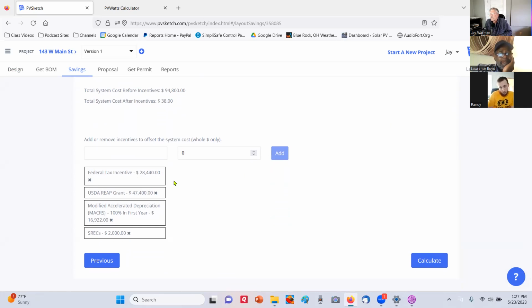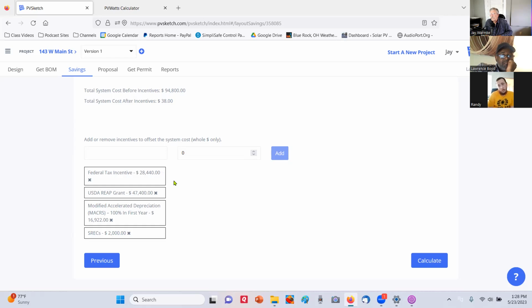So even though the system costs $94,800, they will get back in tax savings $28,440. Then they're applying for a REAP grant. Well, the REAP grants are now 50% of the overall cost. So in this case, that would be $47,400.